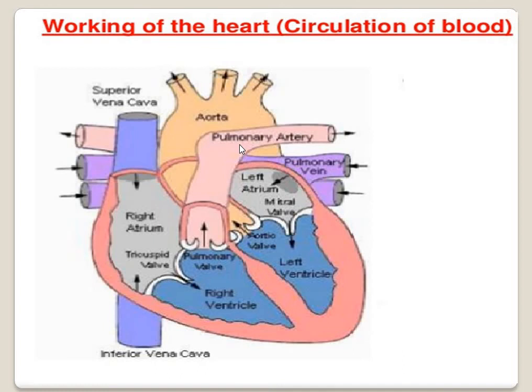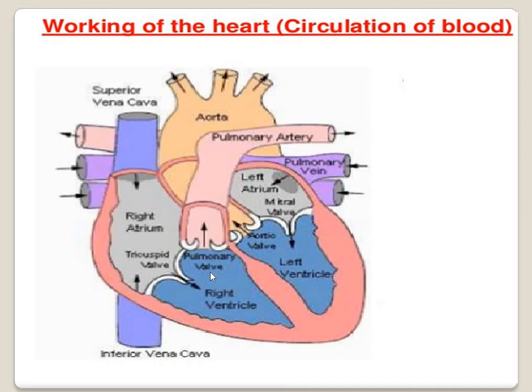Pulmonary aorta only divides into two, that is the right and the left pulmonary artery. Then at the base of each aorta and the pulmonary artery are present three semilunar valves which prevent the backflow of blood from the aorta.